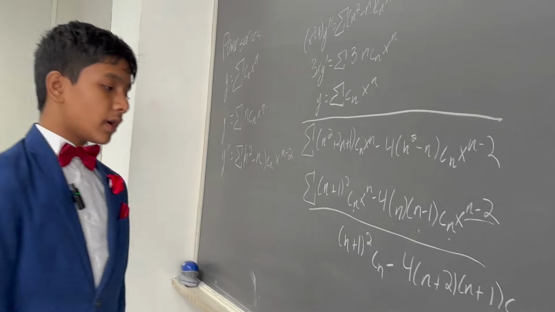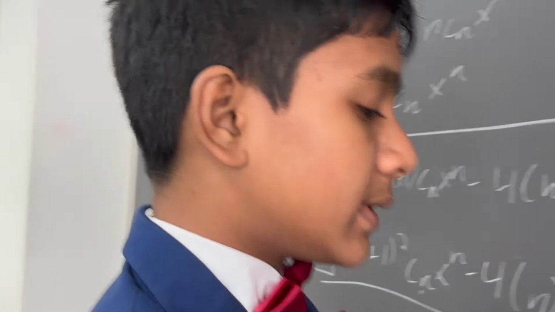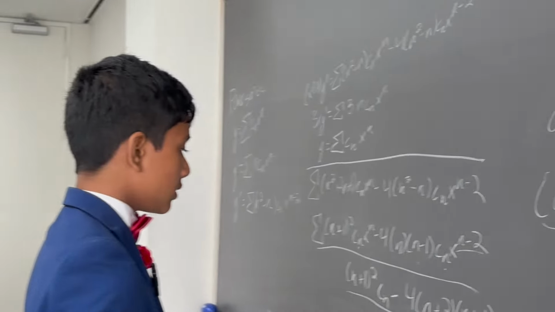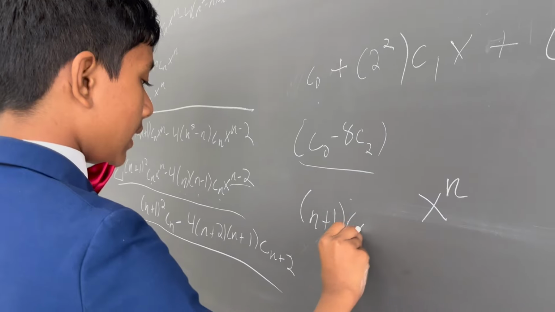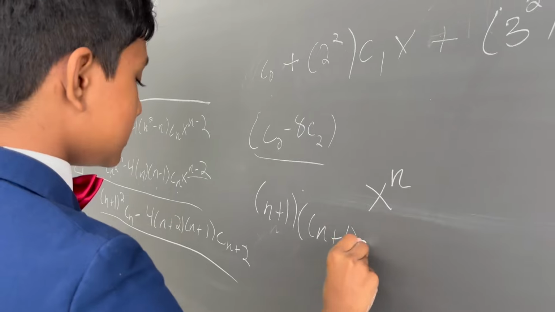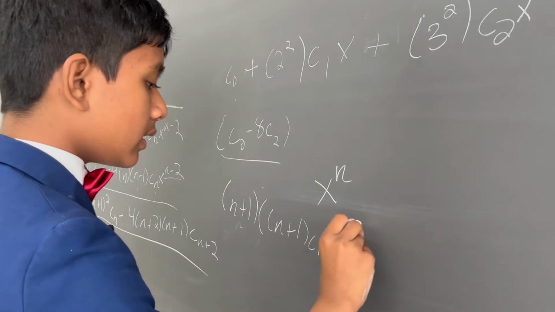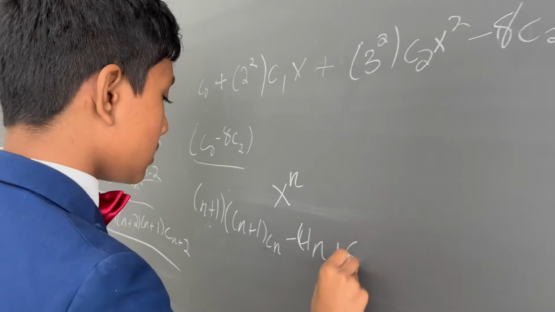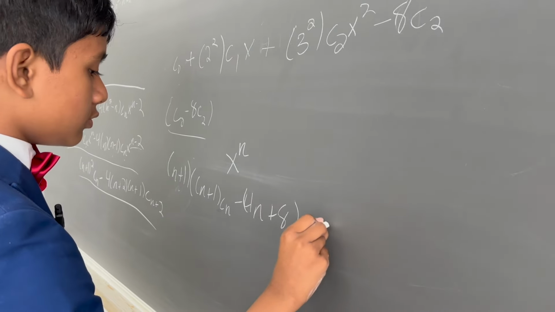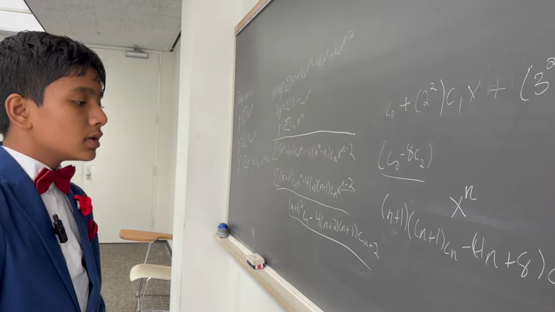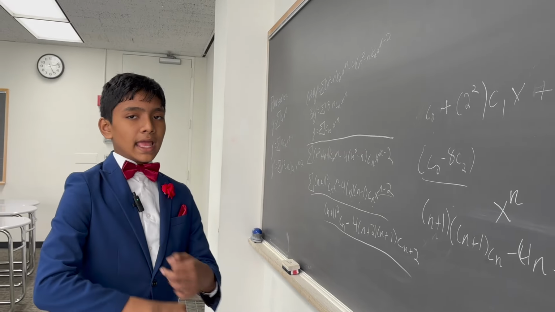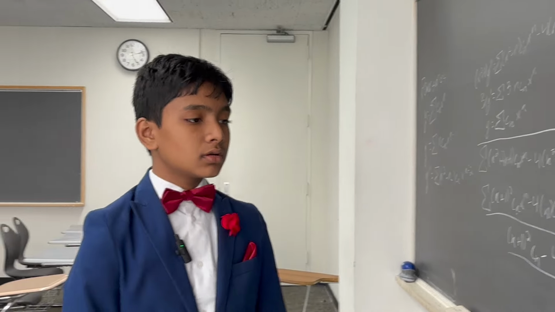Alright, so we've got this nice looking expression: (n+1)(n+1) c_n minus (4n+8)(n+1) c_(n+2). And you can already see that working out over here. So, what does this end up becoming in the end?